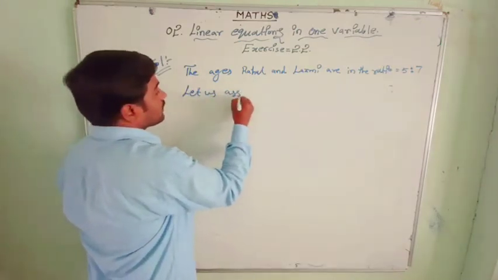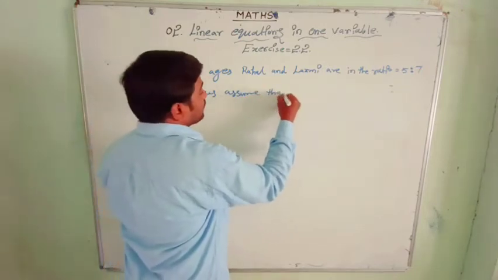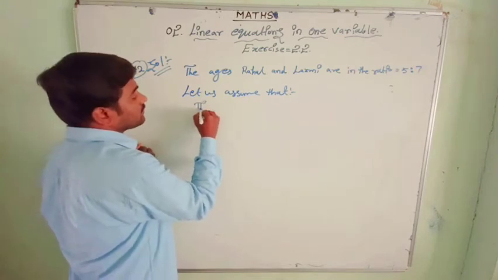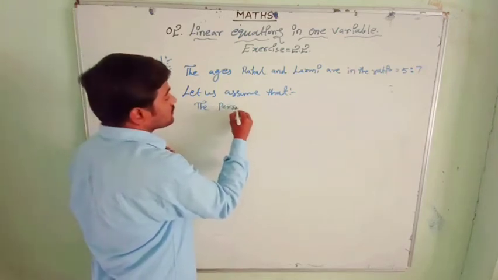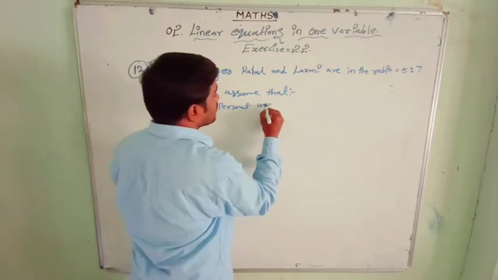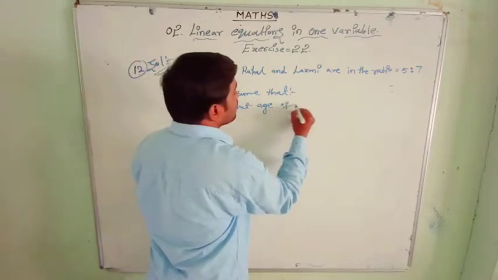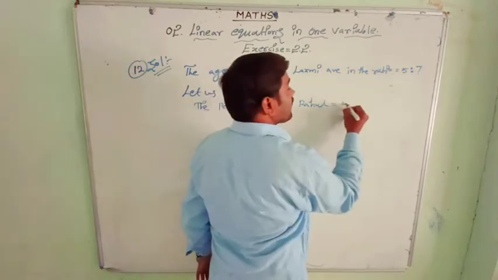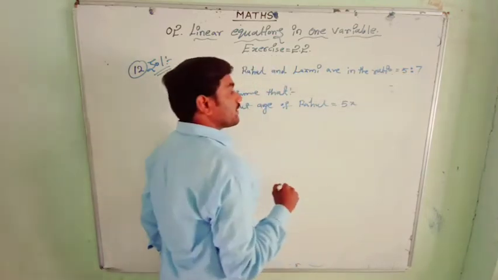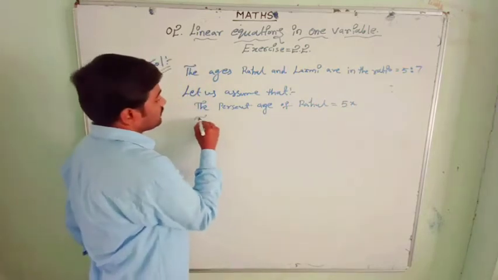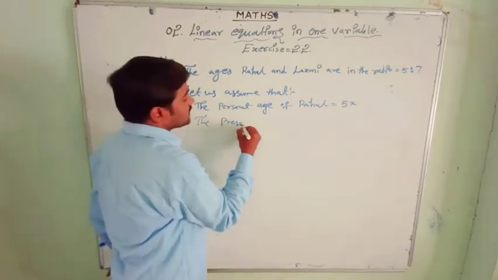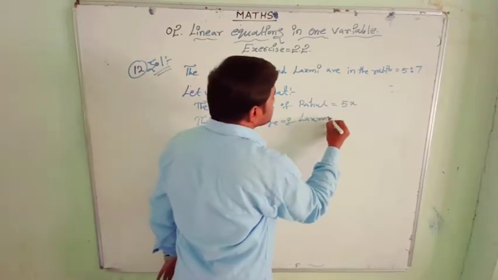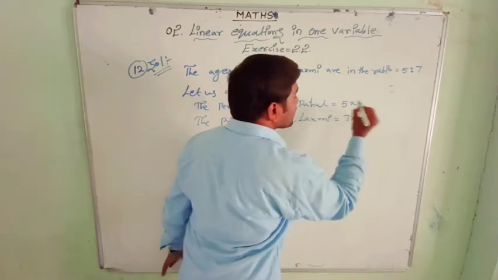Let us assume that the present age of Rahul equals, here there are 5 parts, so 5x, and the present age of Lakshmi is 7 parts, so we can assume 7x.